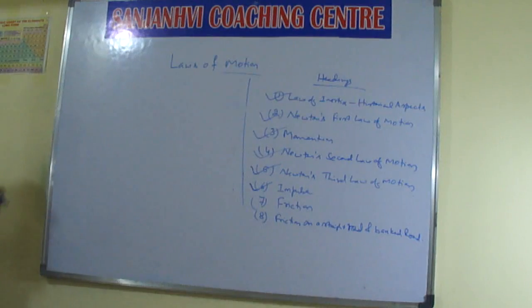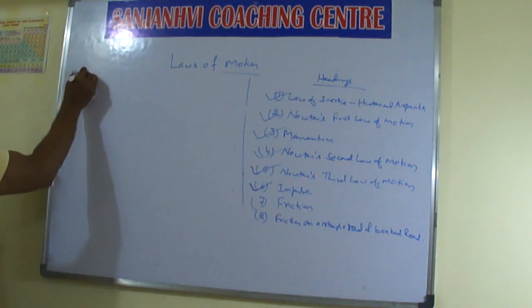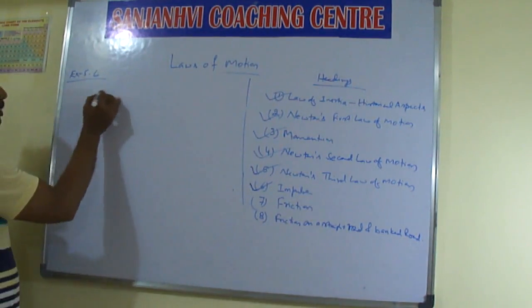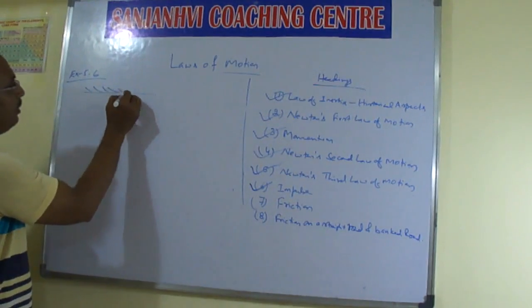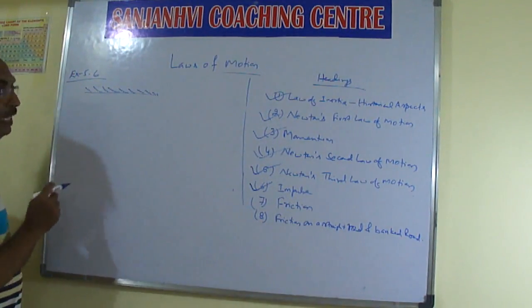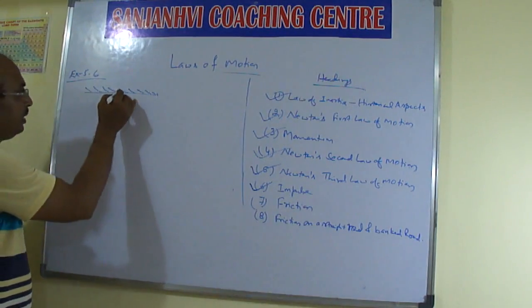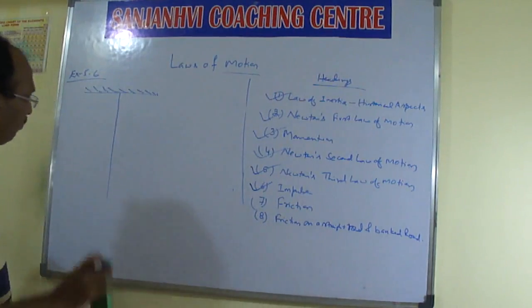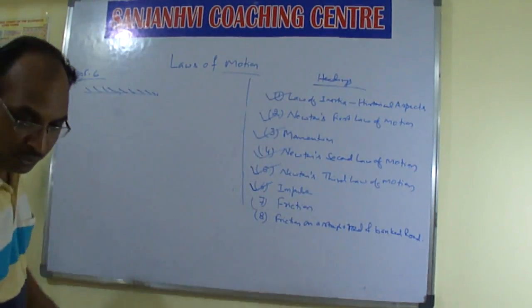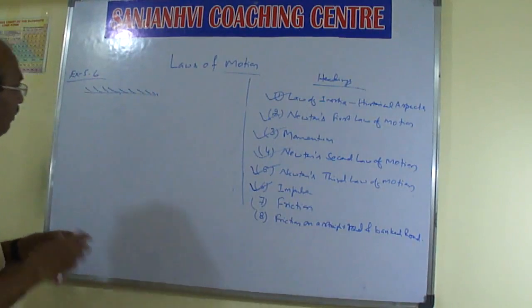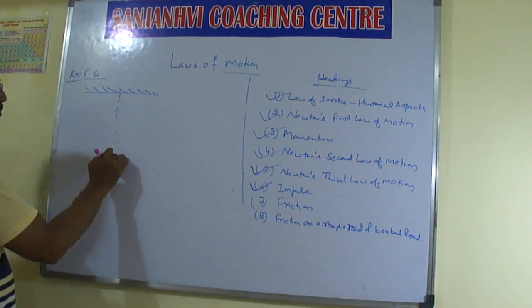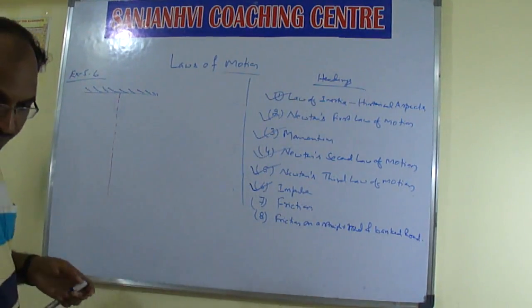Now example 5.6 we will do. In example 5.6, a figure is given to us. See here the figure in a nice manner. The axis I will be putting like this.